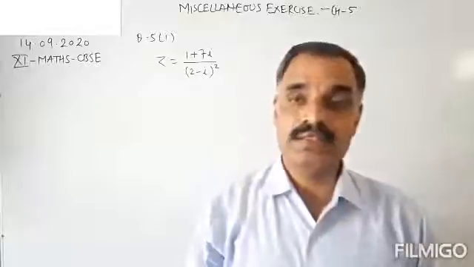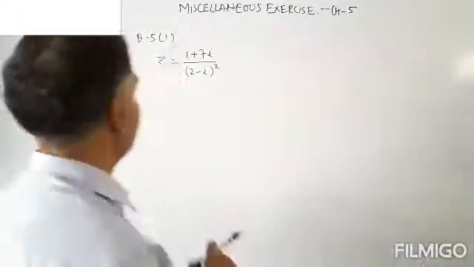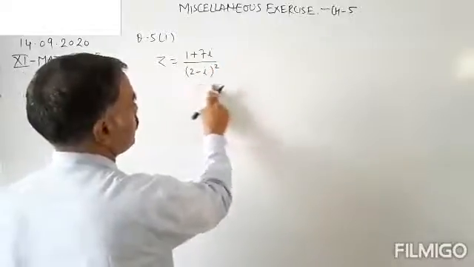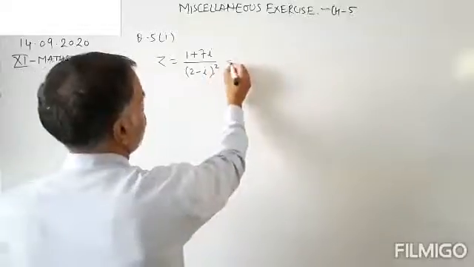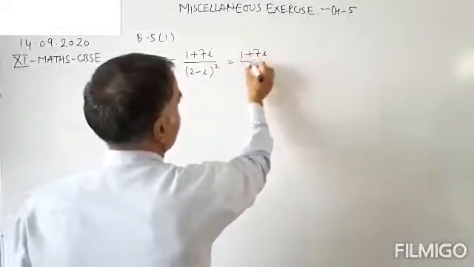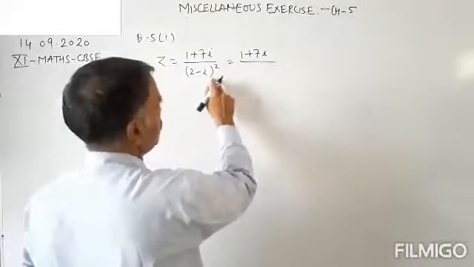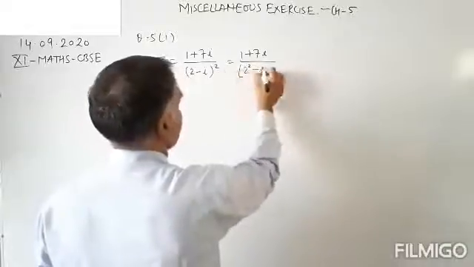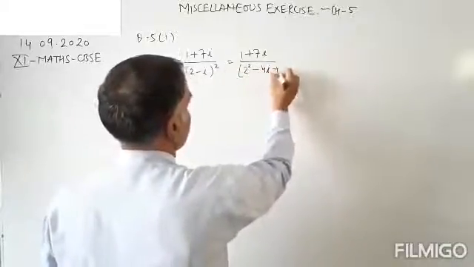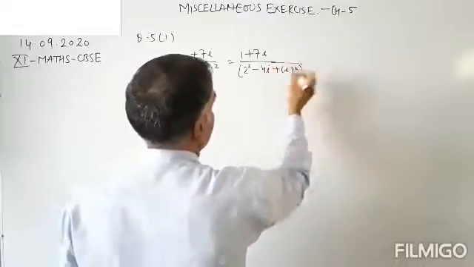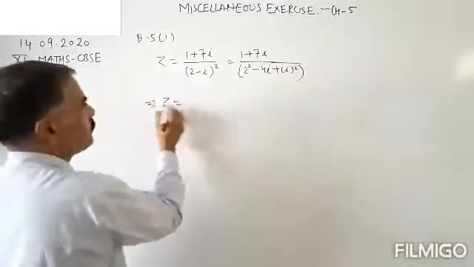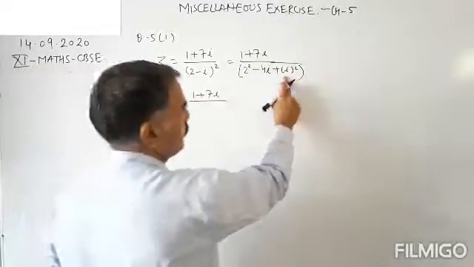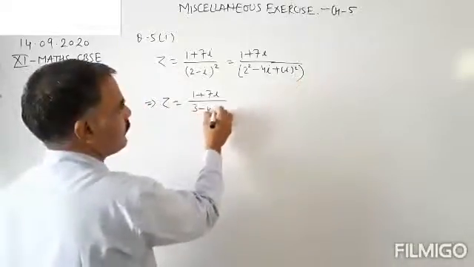So converting this in standard form, expanding this (2 minus iota) square, using (a minus b) whole square equals a square minus 2ab plus b square, z is equal to (1 plus 7 iota) upon (4 minus 1 minus 4 iota), that is 3 minus 4 iota.